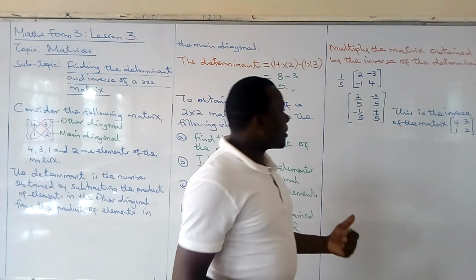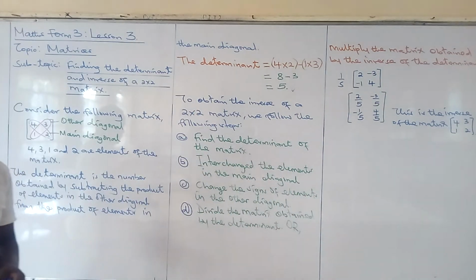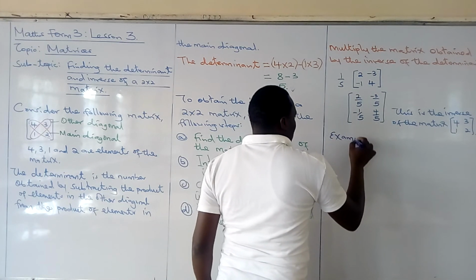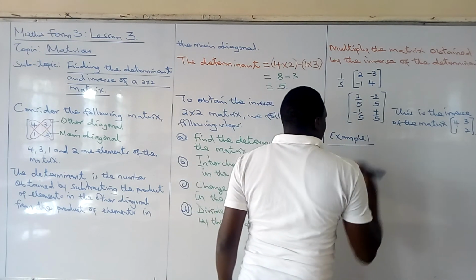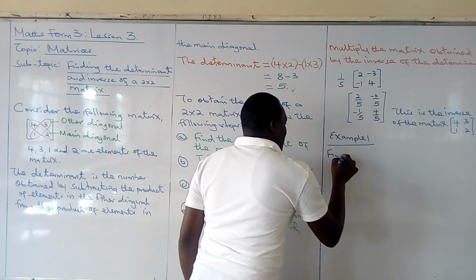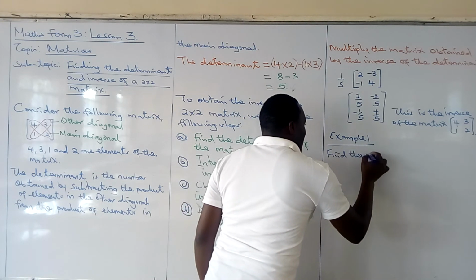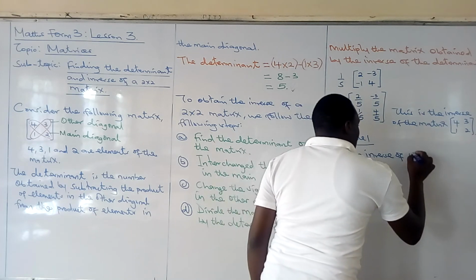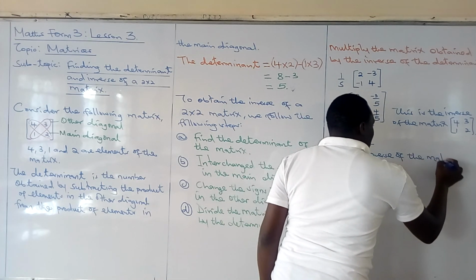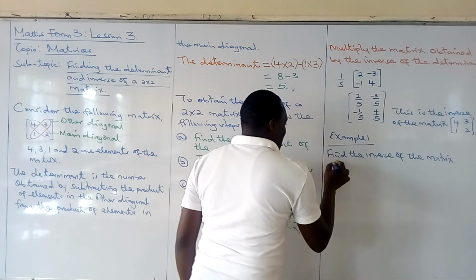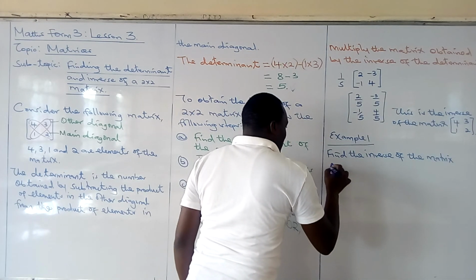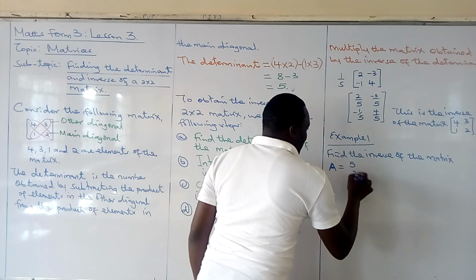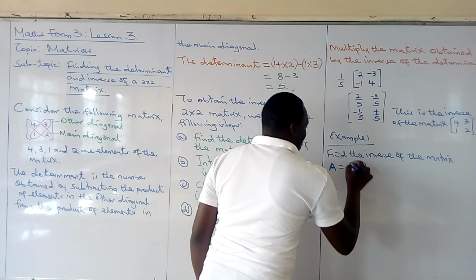We can look at an example very fast. Example 1: Find the inverse of the matrix. Our matrix A is equal to 5, 3, 2, 1.